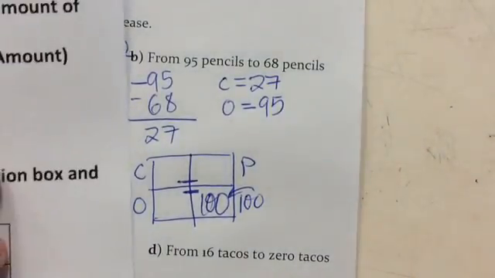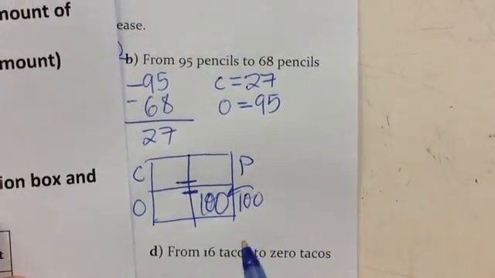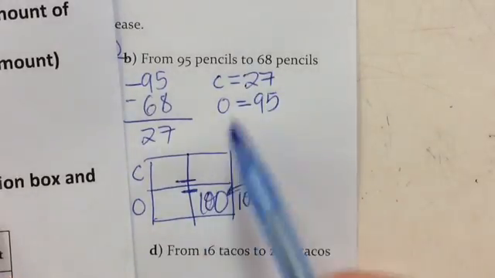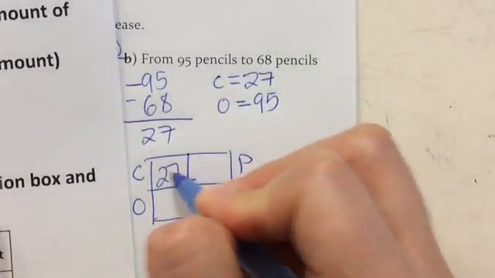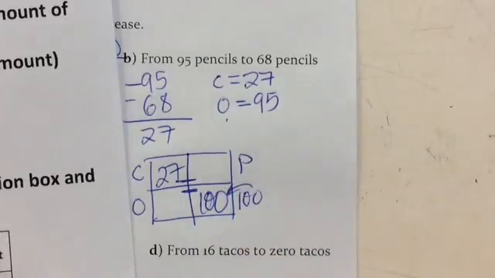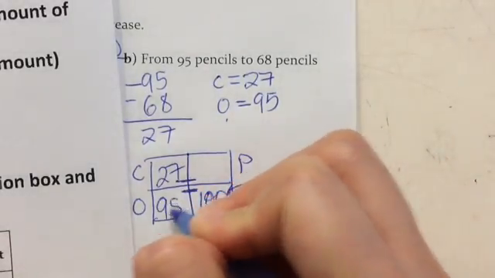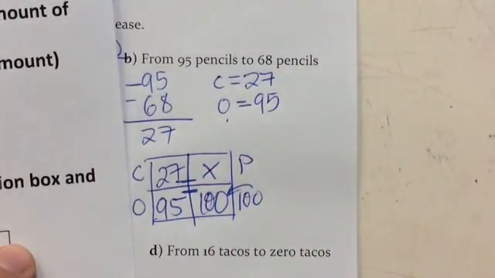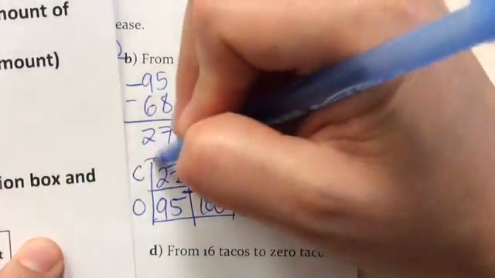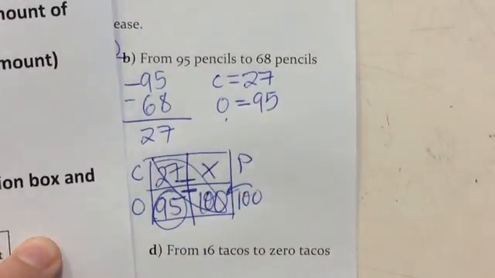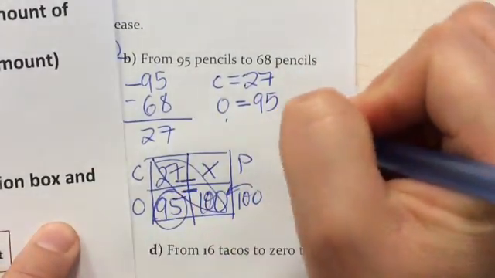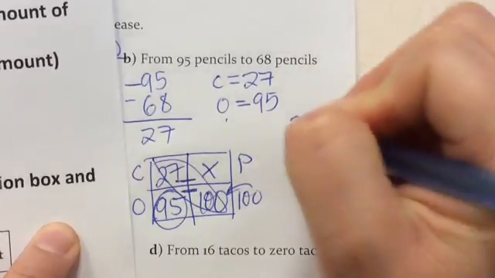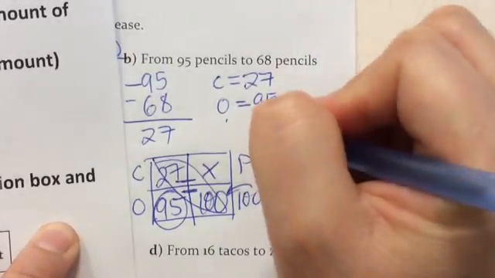We substitute the change, 27. The original was 95 pencils, and I'm finding the percent decrease. So now you cross multiply and divide by 95. 27 times 100 is 27 and 2 zeros, divided by 95.